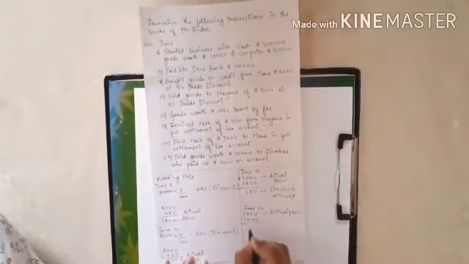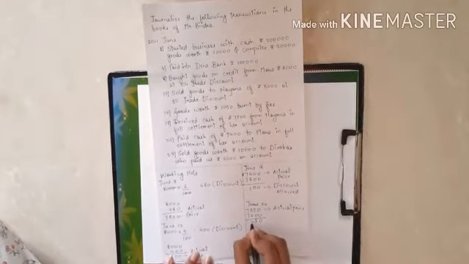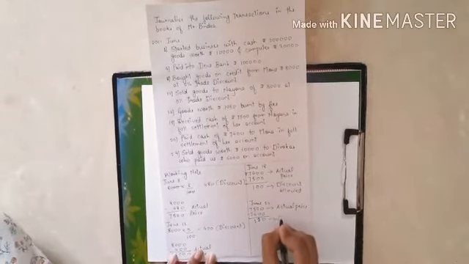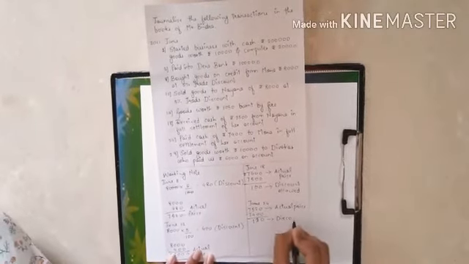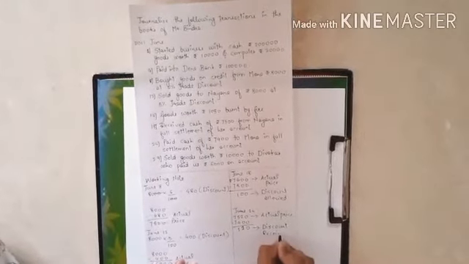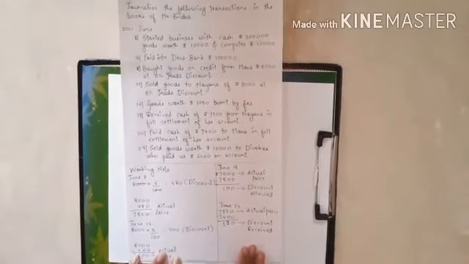And we have to calculate the difference. So rupees 120 is the discount that we have received from Mona. So this is how the discount is allowed and received.